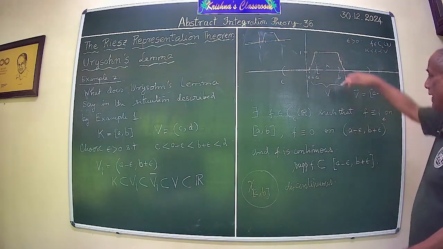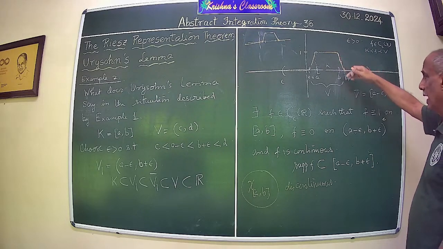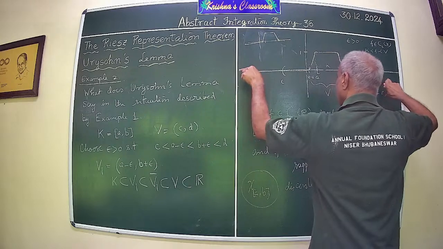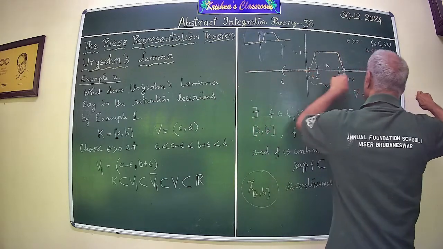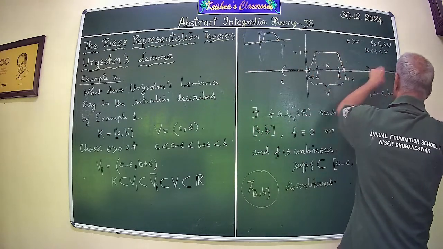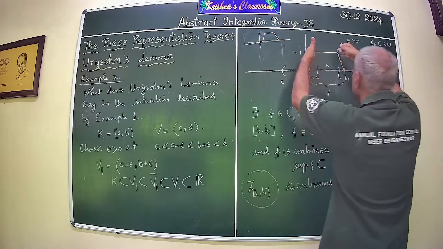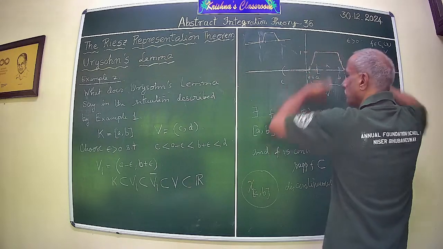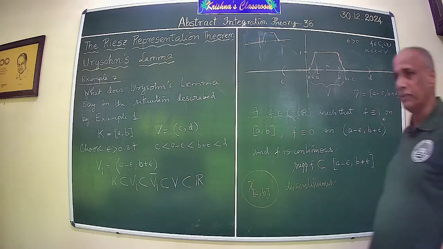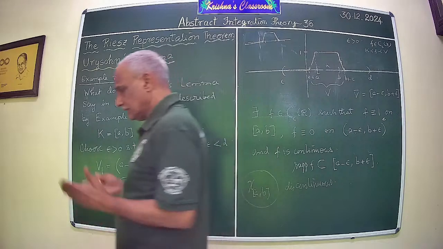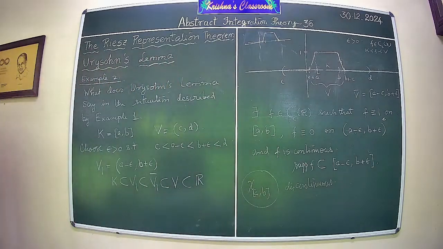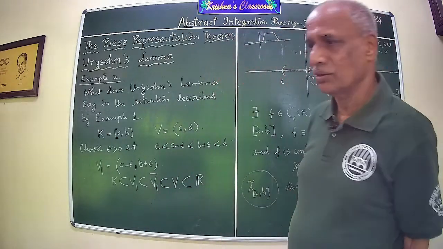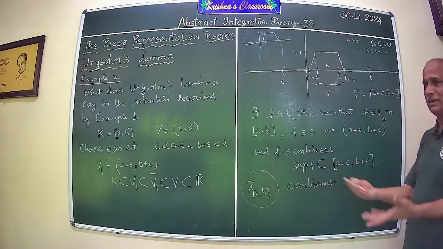What you do is you take chi AB and then you take an identically 0 function from minus infinity to A minus epsilon and from B plus epsilon to infinity, and in between you connect the bits of the graph by straight line segments. Now this is the scenario that you have in a very simple elementary situation. Okay, so you understood the meaning of the problem.